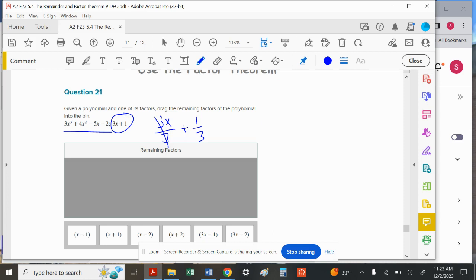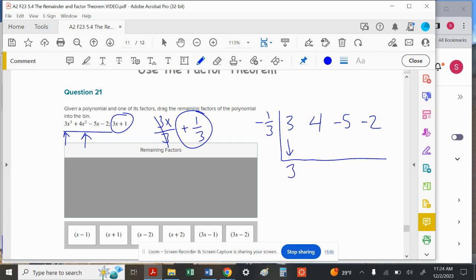So that means that the term I'm going to put on the outside of synthetic division is going to be negative 1/3, because that's this value right here. And then I have a 3 from here, a 4 from here, and a negative 5 and a negative 2. Now, you may say, who wants to work with fractions? Actually, it's going to make it so that it doesn't work with fractions, and you'll see why.